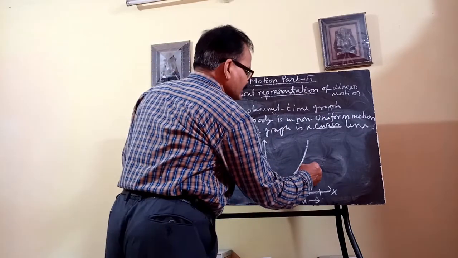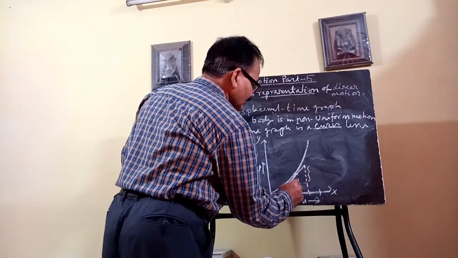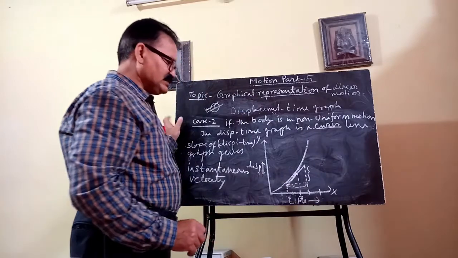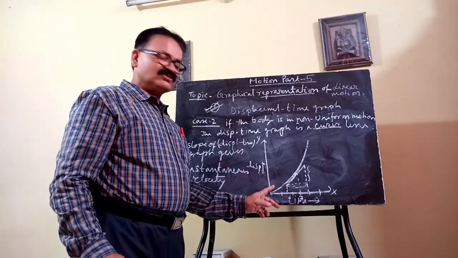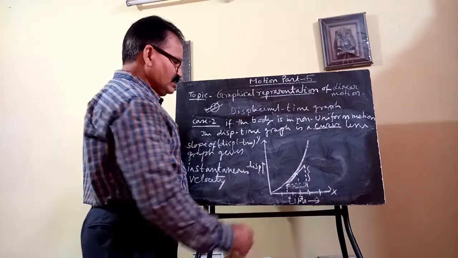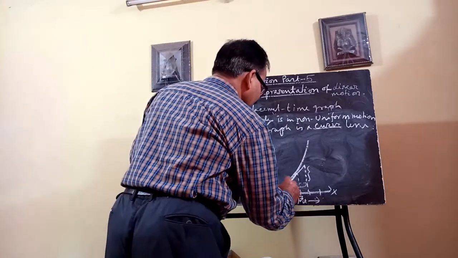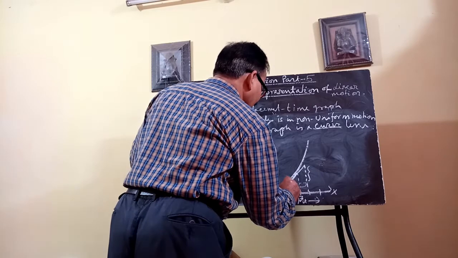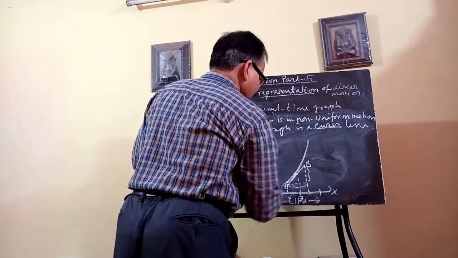So these differences will give you the instantaneous velocity. Okay, so here you can name the points A and B.